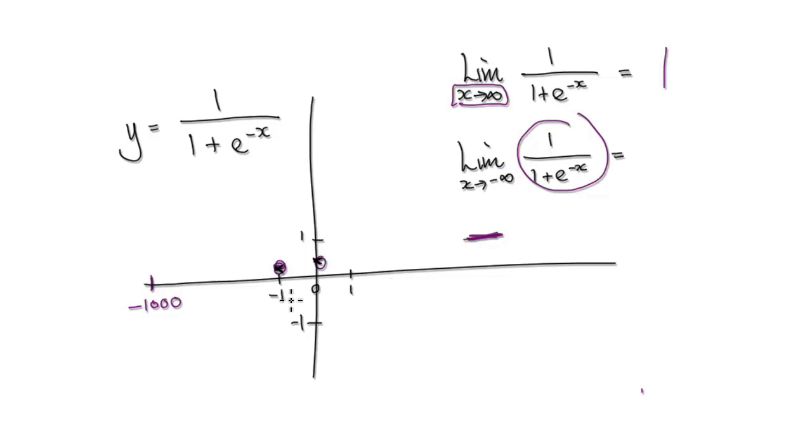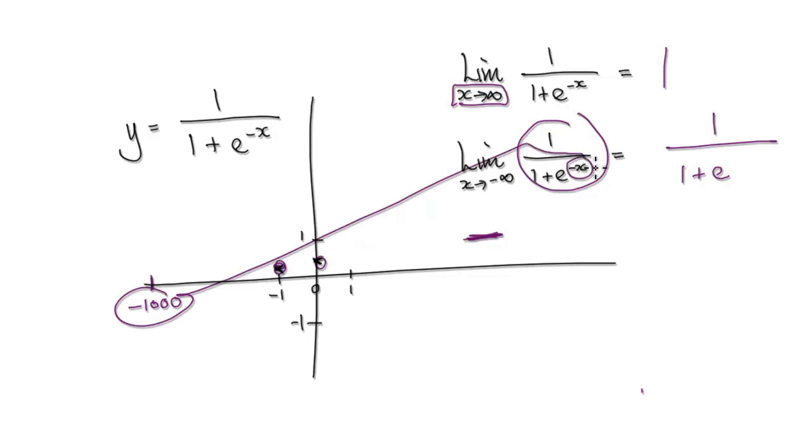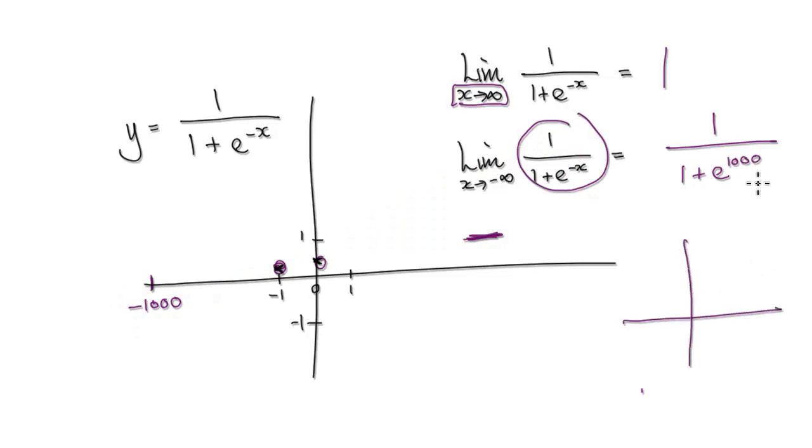When you put a very negative big number into here, that would then be 1 over 1 plus e to the power of... remember, when you put -1000 in there, it becomes positive because there's a negative there. So e to the power of 1000 is going to be a very, very big number. This is y equals e to the power of x.